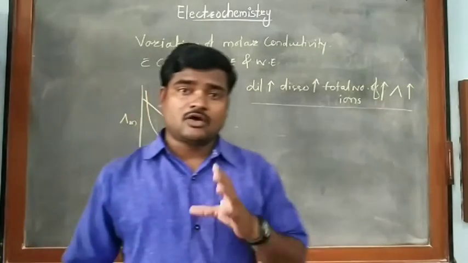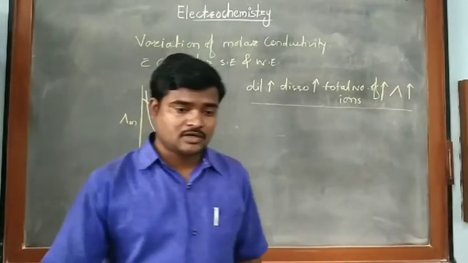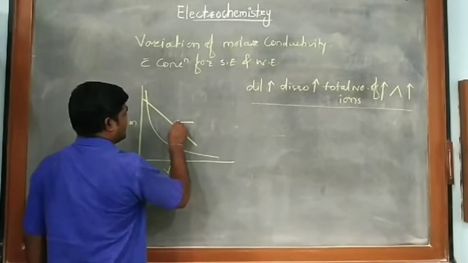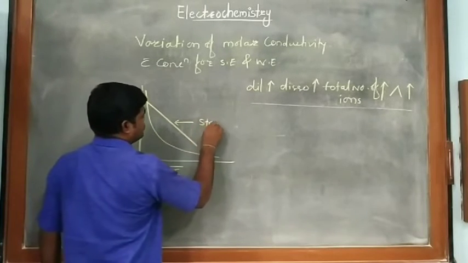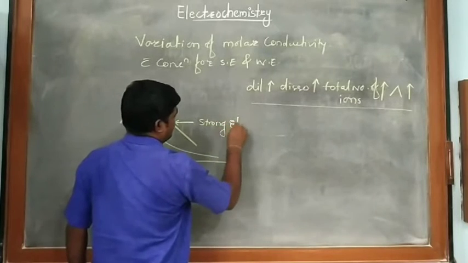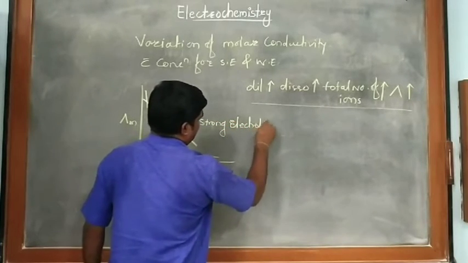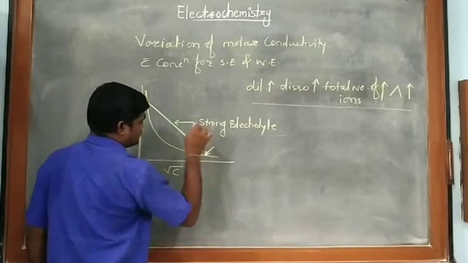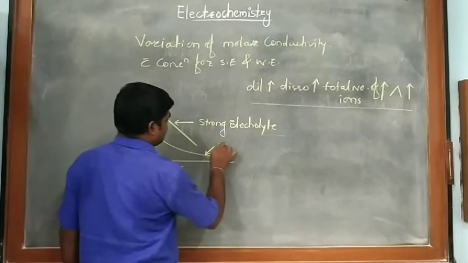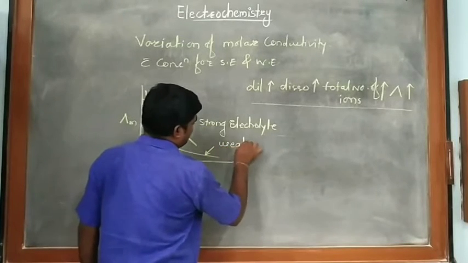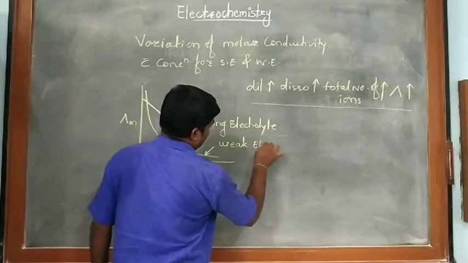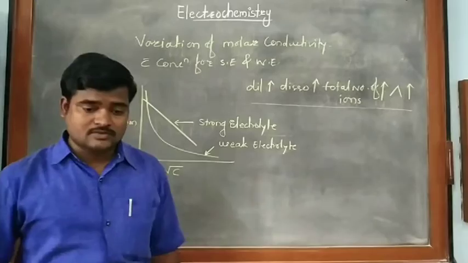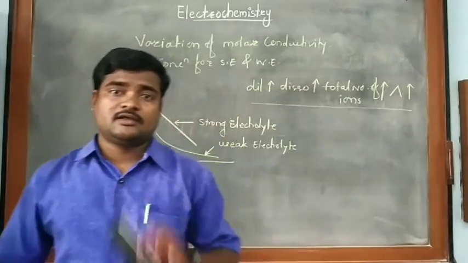Now students, I have drawn two curves. The one which I have drawn as a straight line is for the strong electrolyte, and the other which I have drawn exponentially is for the weak electrolyte.